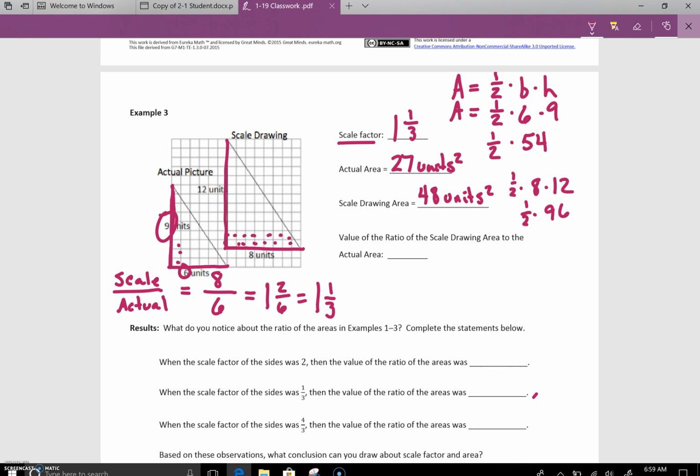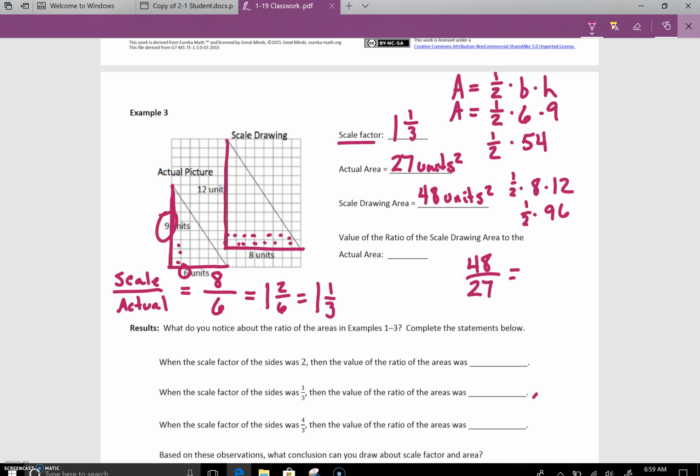Last part, we're going to compare the areas. Okay, so we're going to take the scale area, 27, put it over the top of the actual area of 48, and we simplify down. Both are divisible by, whoops, I flipped these. Scale over actual. I had them flipped. It should be 48 over 27.